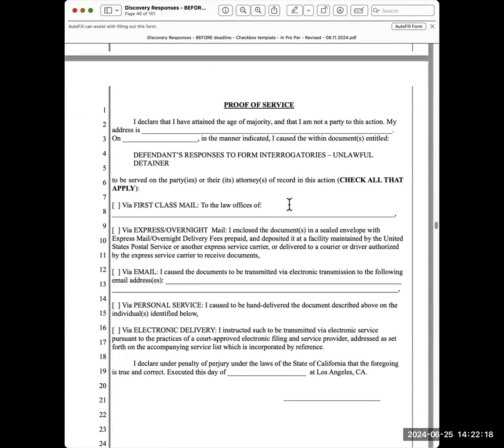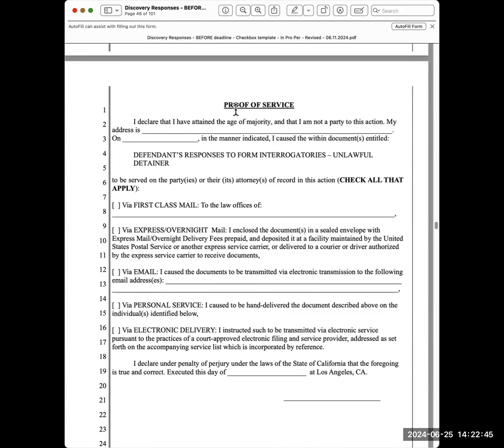The proof of service is how the responses are going to get to the plaintiff, okay? The law requires that the person who does the proof of service, who sends these to the plaintiff on your behalf, be someone who's an adult, 18 or over, who's not a party to the action, meaning they're not named in the complaint.